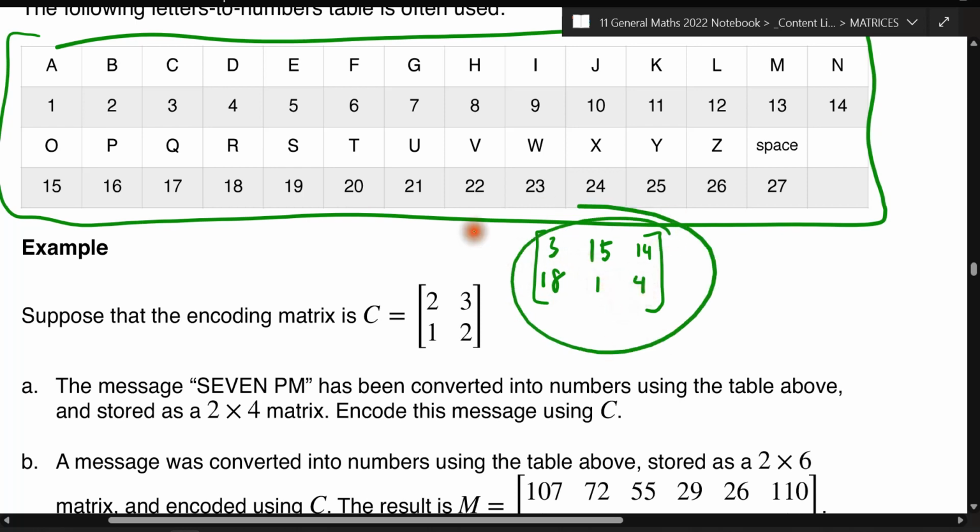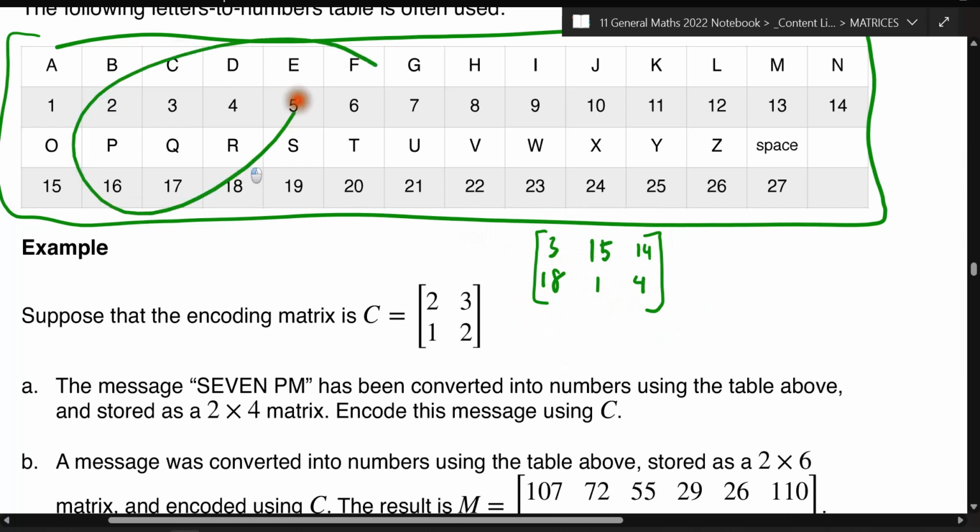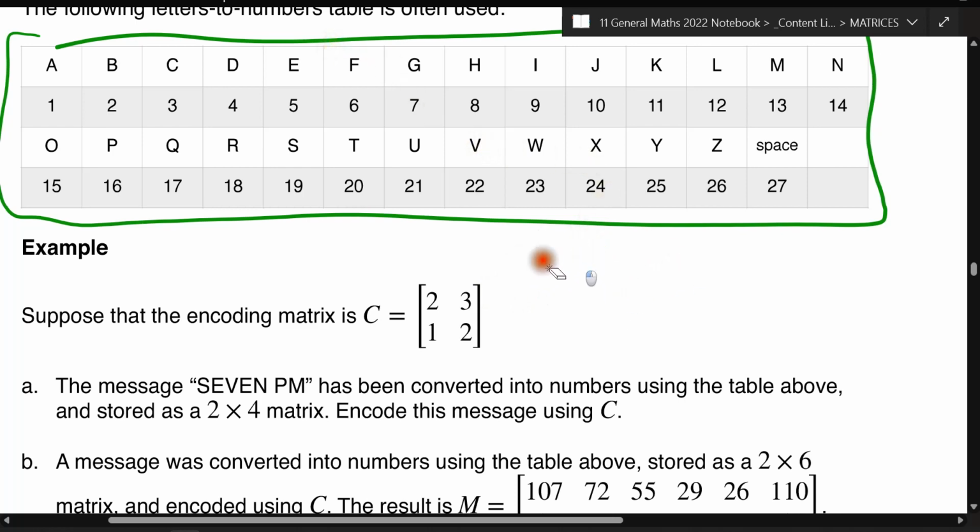So that's my name in a matrix form right there, because 3 is C, 15 is O, 14 is N, 18 is R, number 1 is A, number 4 is D. Okay, so that's one way of putting a message into matrix form. So you're going to be using this table very often.